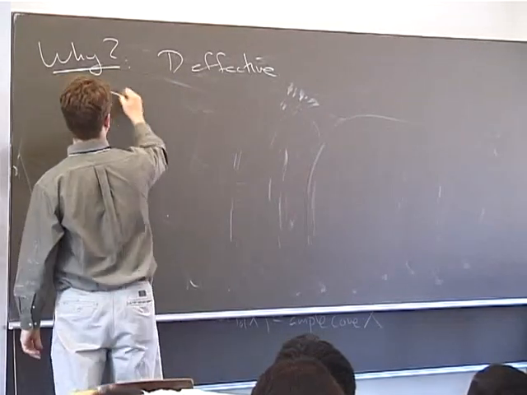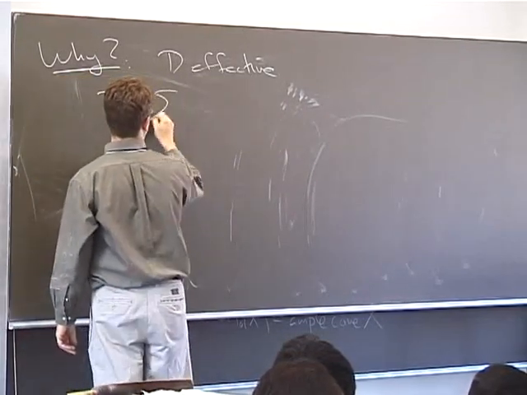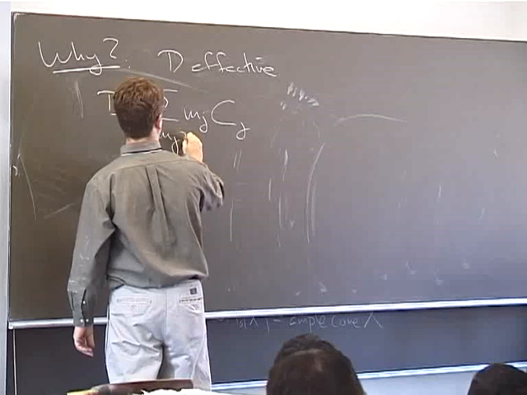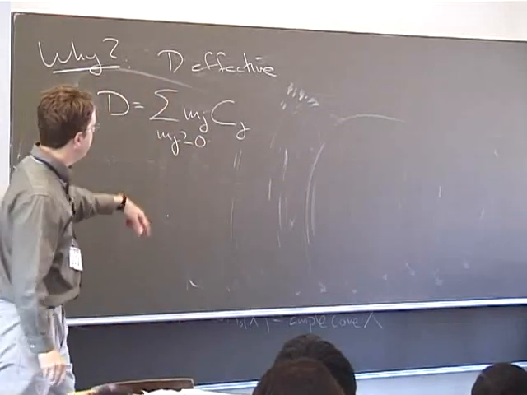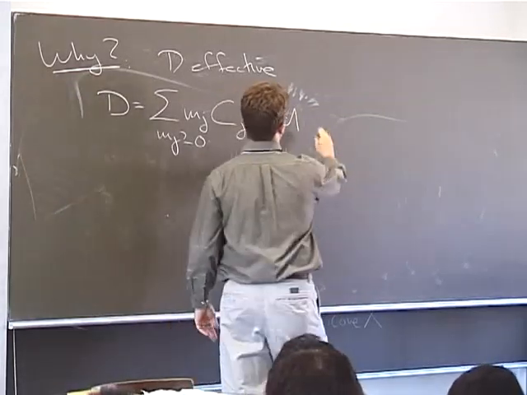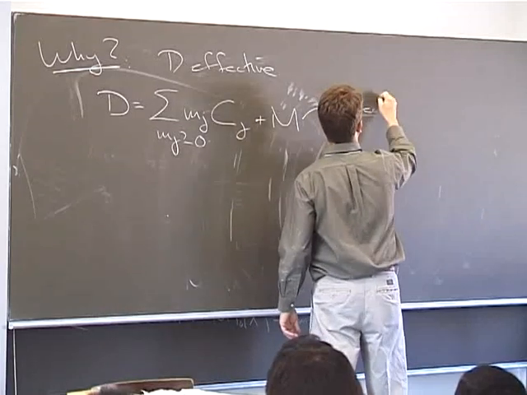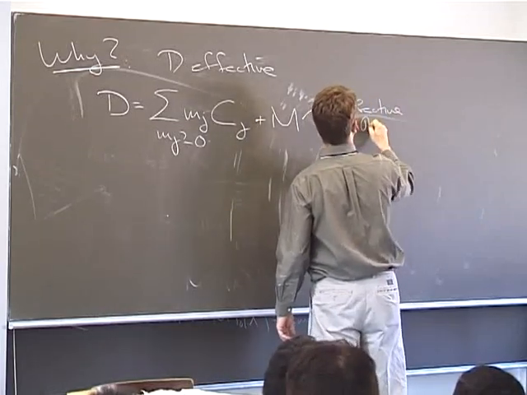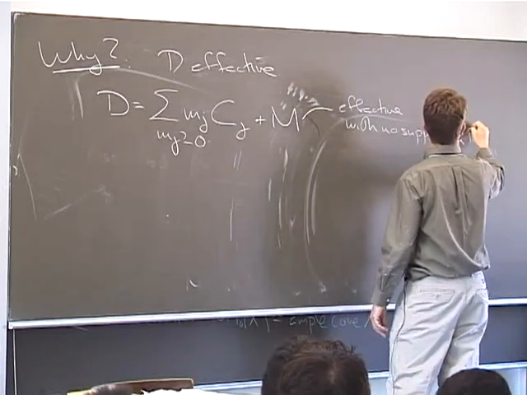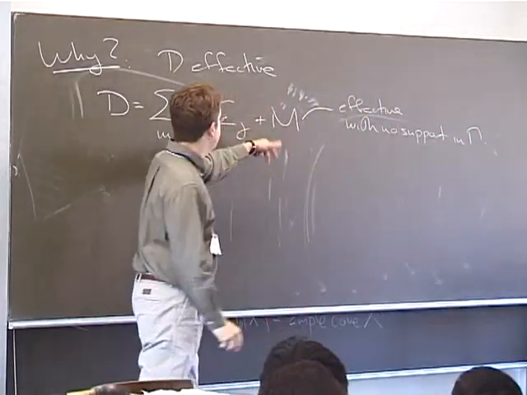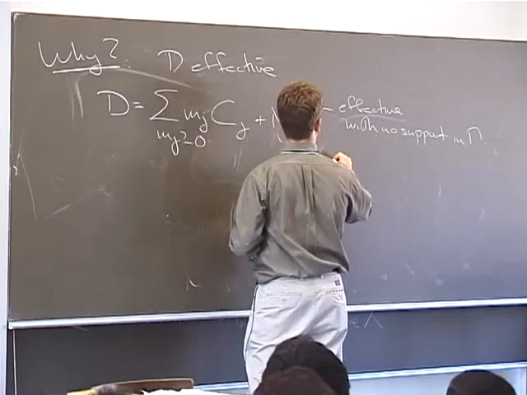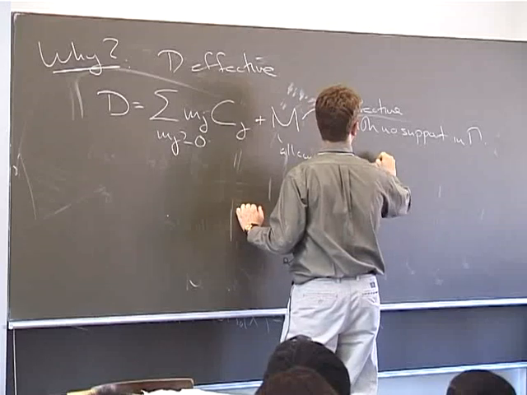And let's write D as a sum of Cj plus a leftover term, m, where this is effective but with no support in gamma. So this is just the sum of all the components which are not contained in gamma.